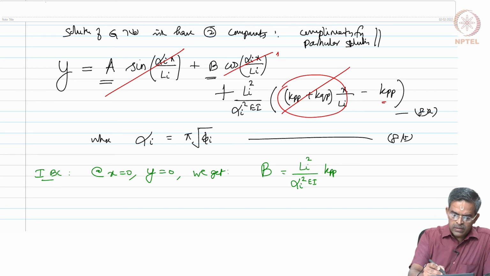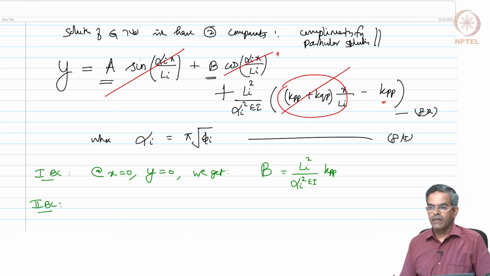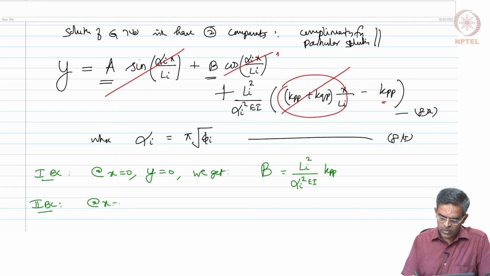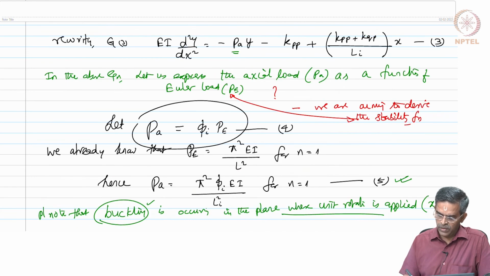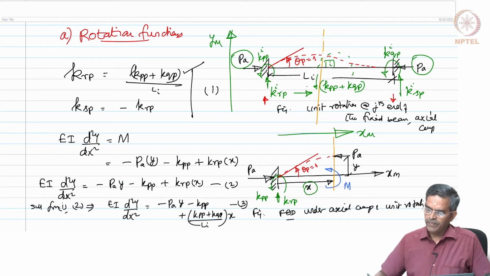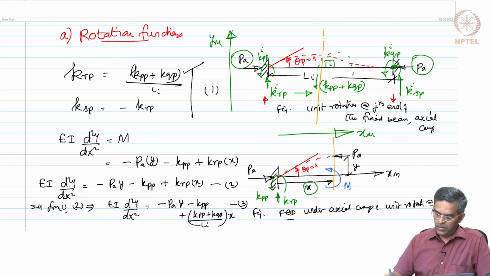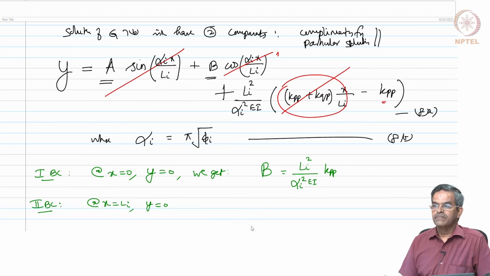Let us apply the second boundary condition. What is that condition? At x is equal to L, again y is 0. See the original beam. At x is equal to L, that is here, again y is 0, is it not? So, let us apply that condition here.